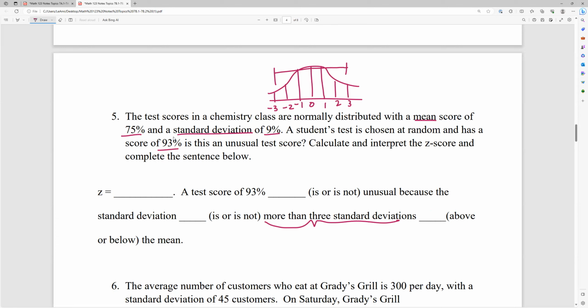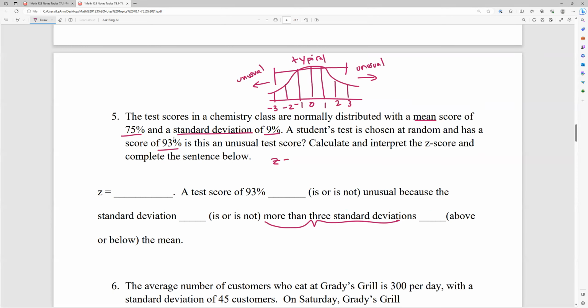These are typical for this problem. They're saying 3 standard deviations is typical, and I got that directly from down here. So if we're beyond that in any way for this problem, that is considered unusual. I'm basing that purely on the setup of this problem.